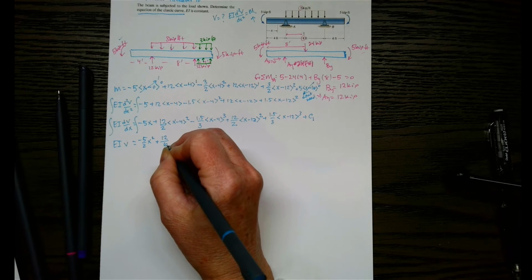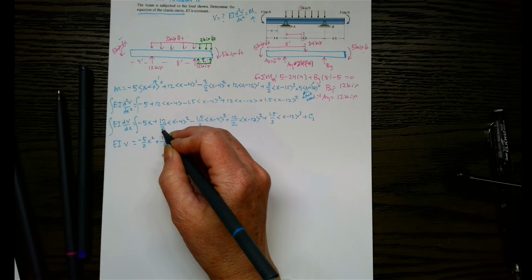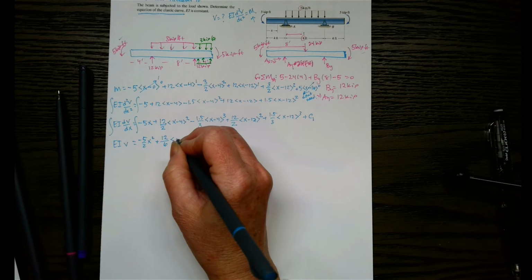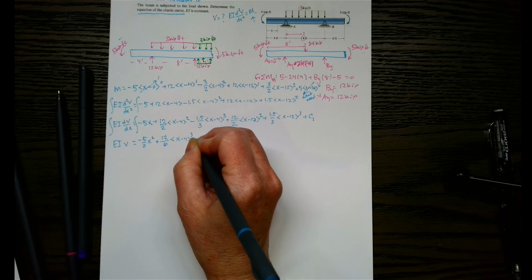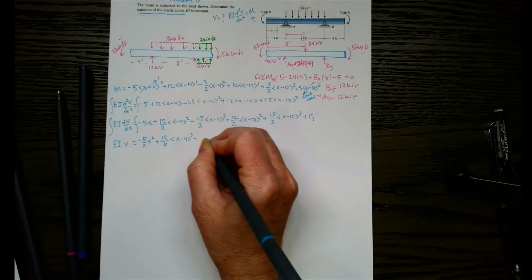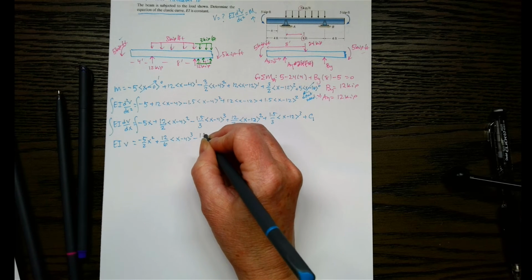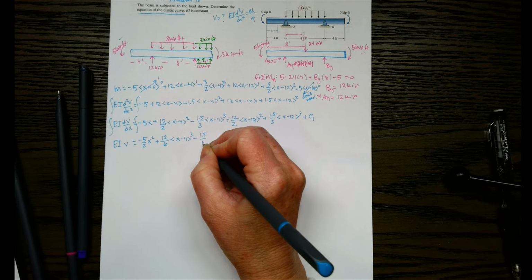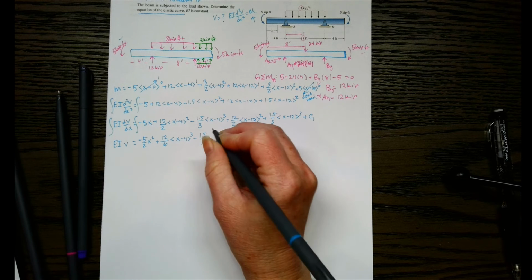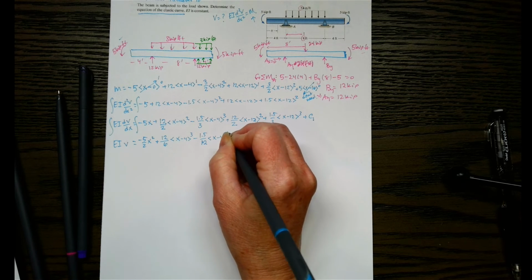We'll have 2 over 6, right, because we have 12 over 2 times 3 there. And then x minus 4 cubed minus, notice this is cubed, so we integrate, we get 1.5 over 3 times 4, so 12, x minus 4 to the 4th.